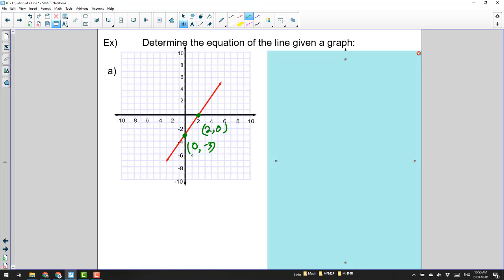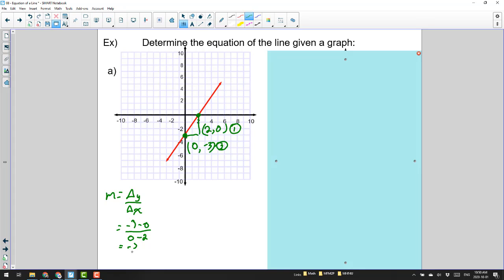I can either do my triangle and do rise over run, or I can use my slope formula, which is delta y over delta x. So I'll call this one point 1, this one point 2. So y2 minus y1 over x2 minus x1.